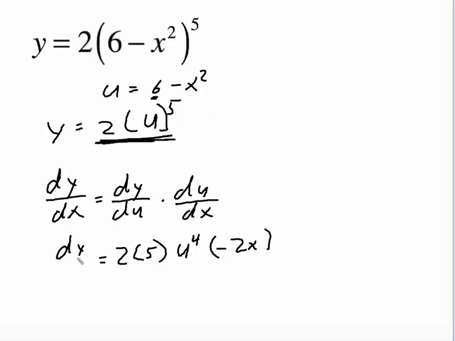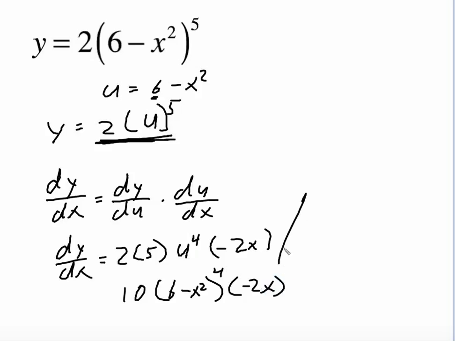Okay, so this is what dy dx is, but you still have a u in here. So 2 times 5, I'll just go ahead and do that. 2 times 5 is going to be 10, and we'll put u back in here, 6 minus x squared to the 4th, all times negative 2x.